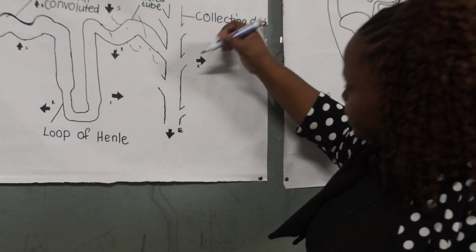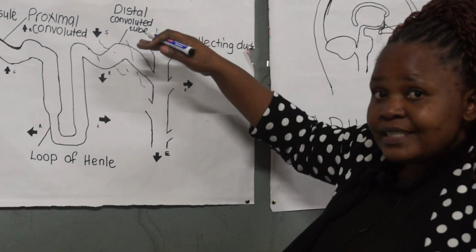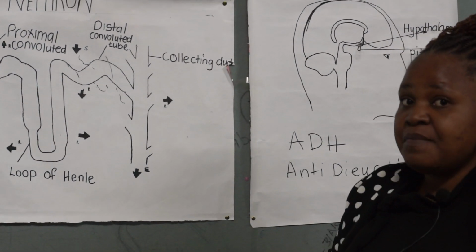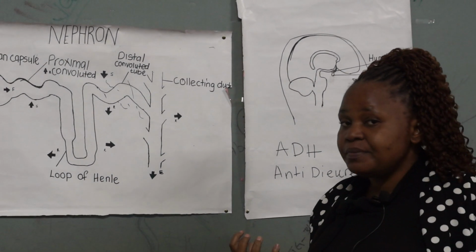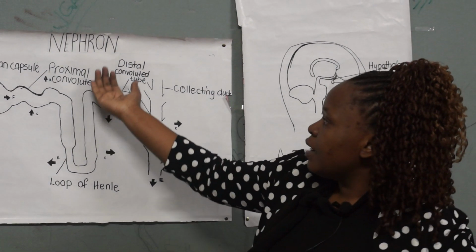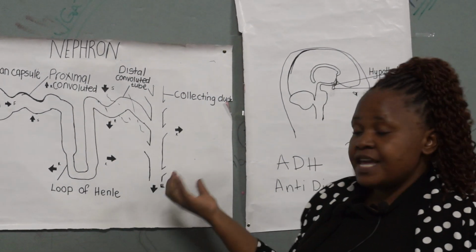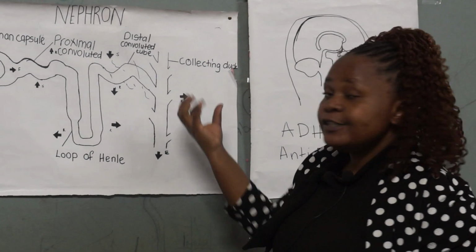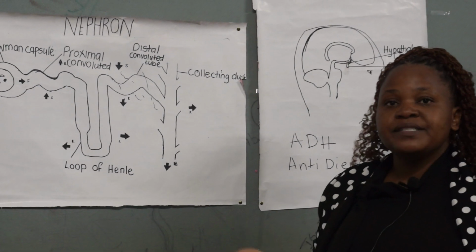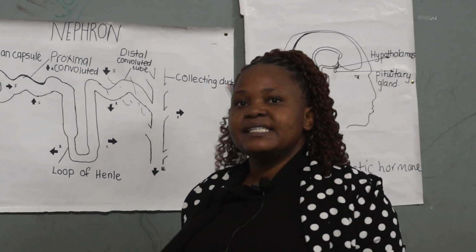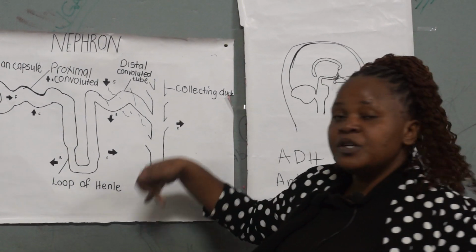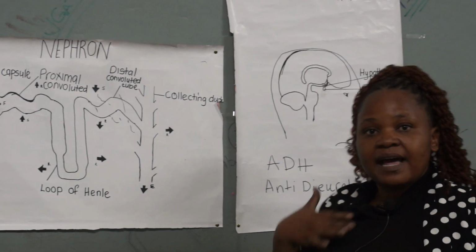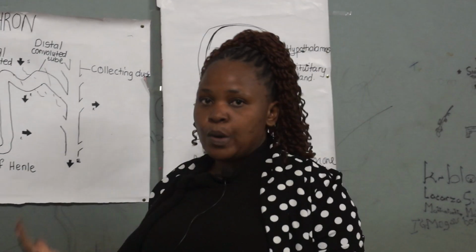Because the essential water and essential ions have been reabsorbed. So here we find a little water with some waste products like urea and creatinine forming urine, which will later collect in the ureter and pass out of the body.